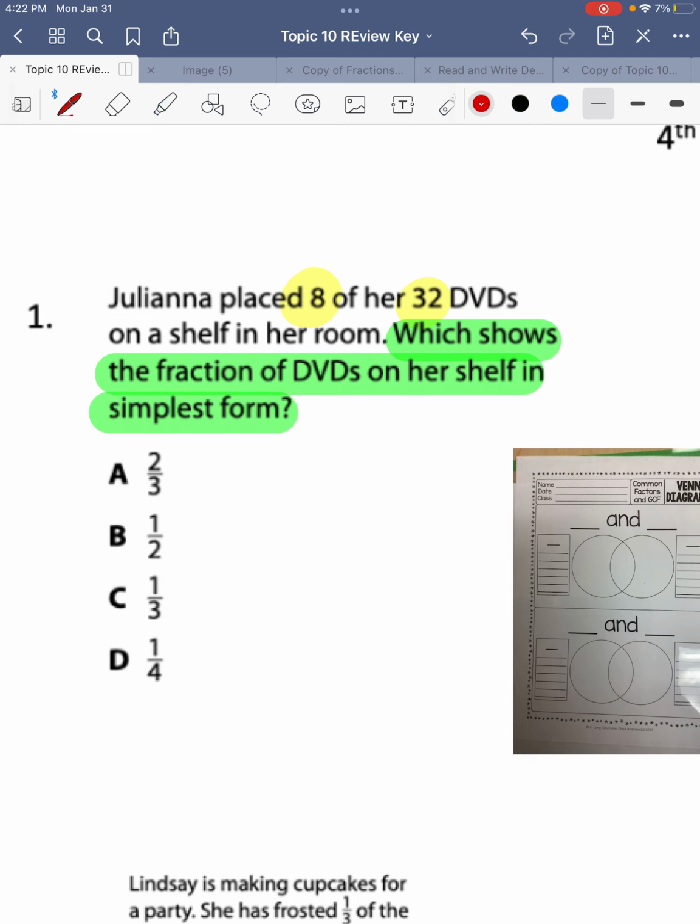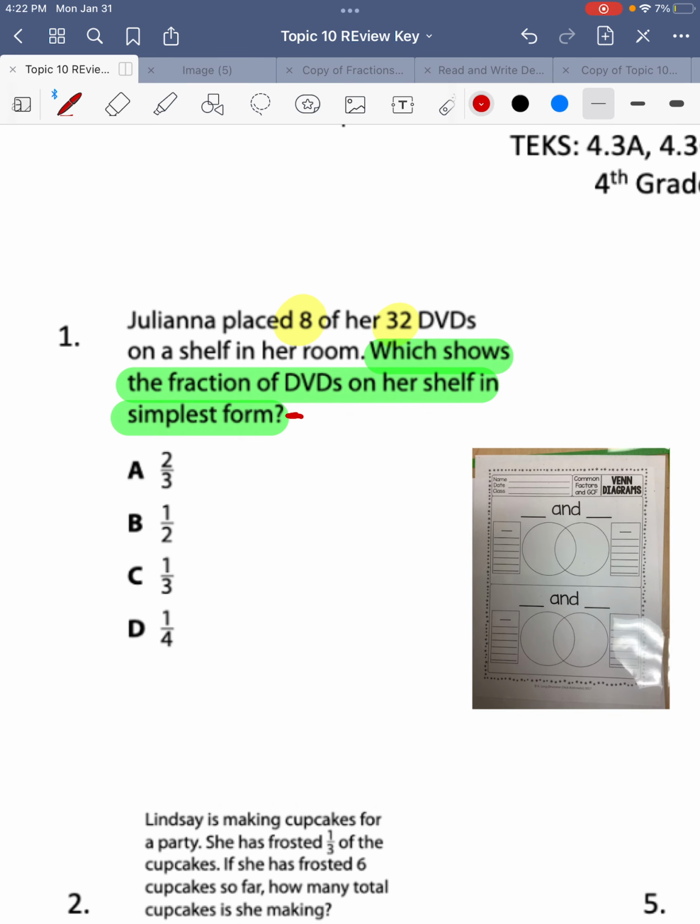So remember, when you see the words simplest form, you are going to use this mat and you are going to divide your fraction once you get it, okay? So I'm going to put divide and I'm going to put mat. When we're doing a fraction, your total is going to be the denominator, the number on the bottom.